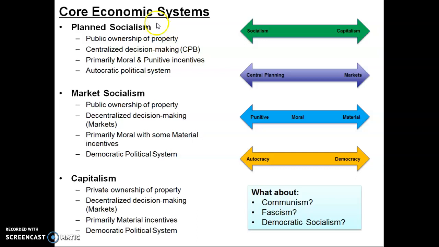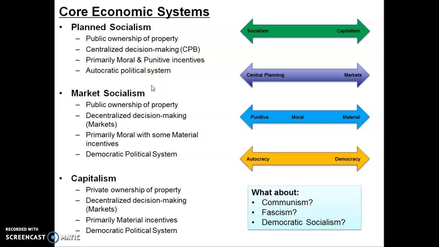For example, the economic system called planned socialism typically involves socialism, public ownership of property, centralized decision-making, central planning, right? The government directs resources and is all-powerful. Primarily moral and punitive incentives, right? So not as much material, more moral and punitive, and autocratic political system. So these tend to go together and create countries like North Korea or Cuba.